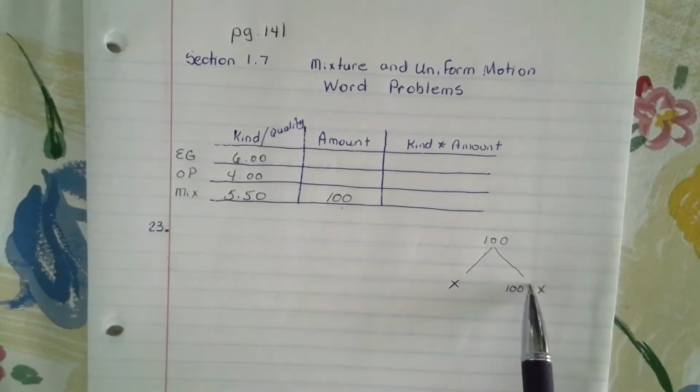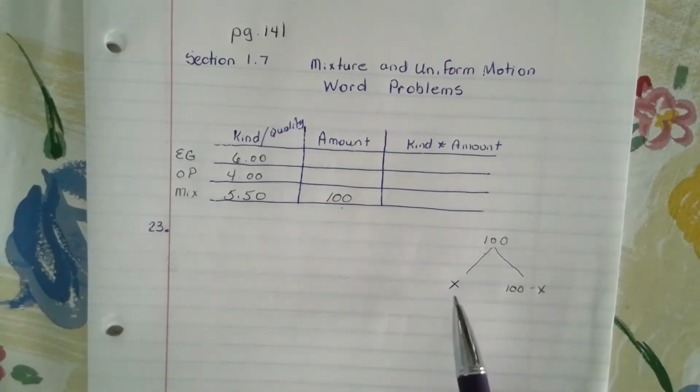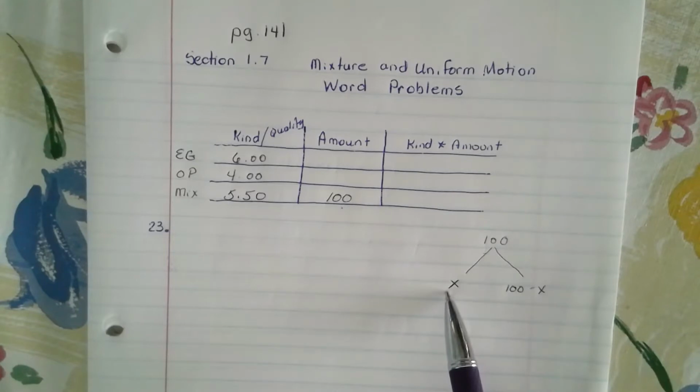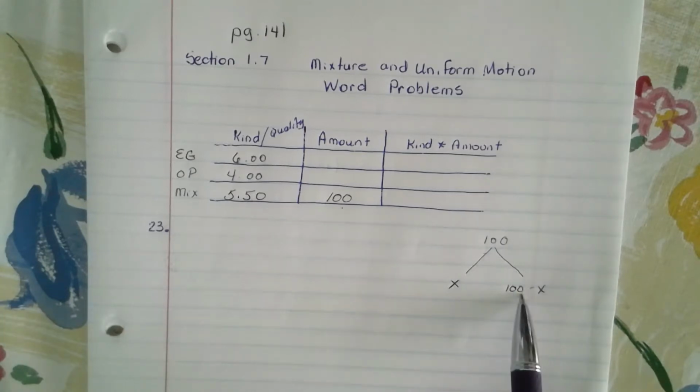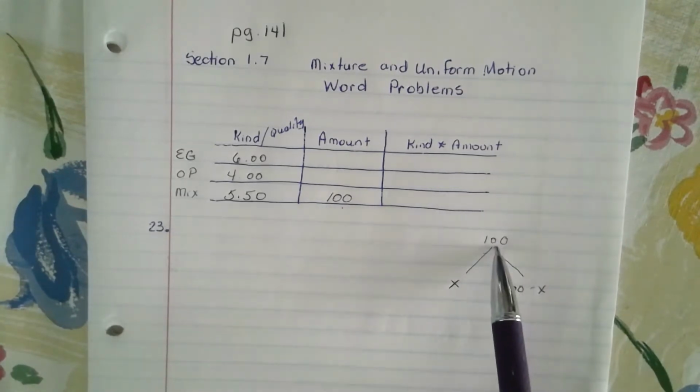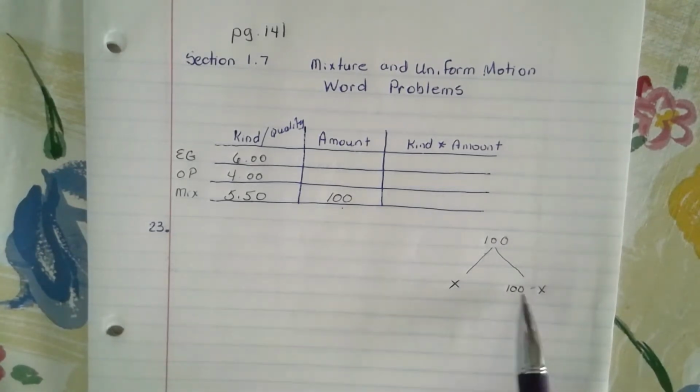Well, to figure out how much was left over, you would subtract that 30 from the 100. Or if this amount was to be 80, then to find the amount that was left over, you would subtract that 80 from there to get 20. So that's why this works. And this is a useful tool anytime you know a total and you need to separate it into two parts.